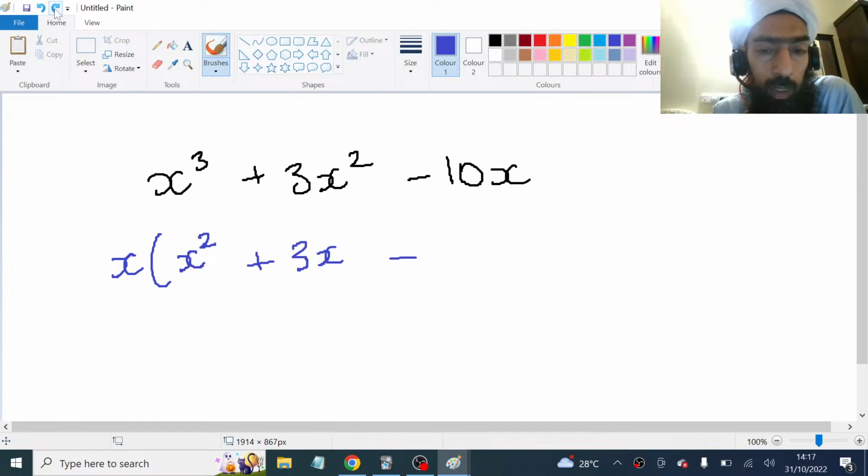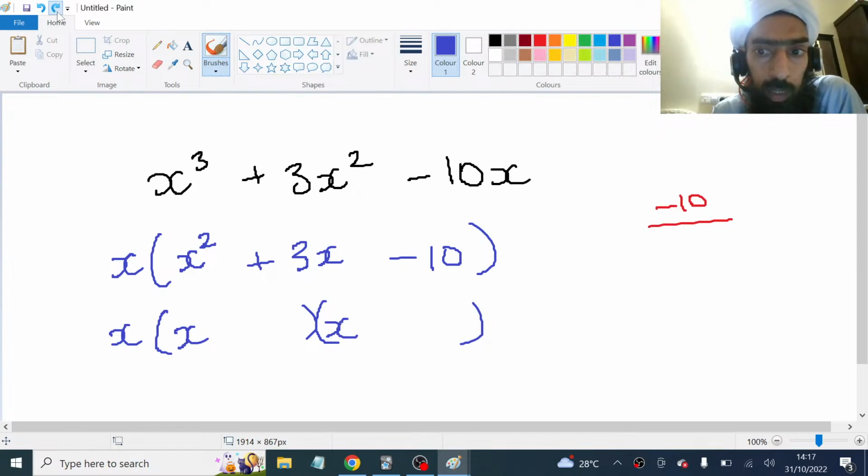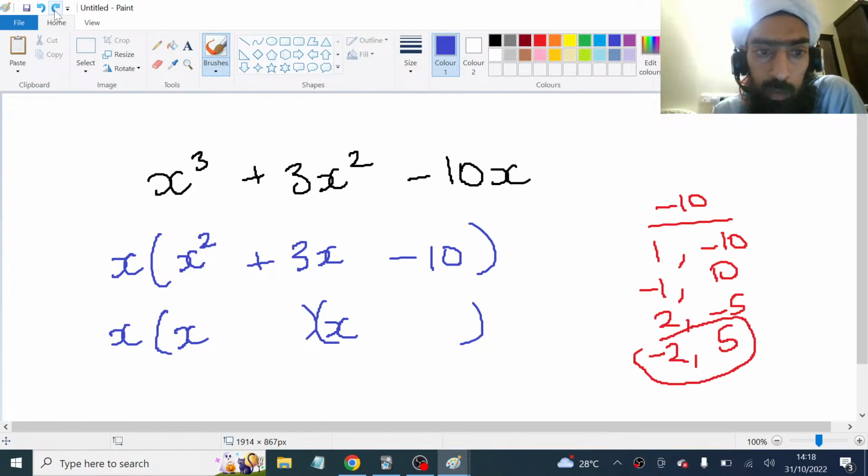Then came minus 10. And then the next thing was to notice that's a quadratic expression, and that can be factorized into two brackets. Same technique as GCSE, x and x. Look at the last number, minus 10. Think of which factors. Try to spot the pair that will add to get the middle number, plus 3. And then that's your final answer.